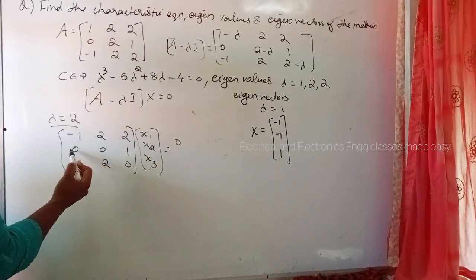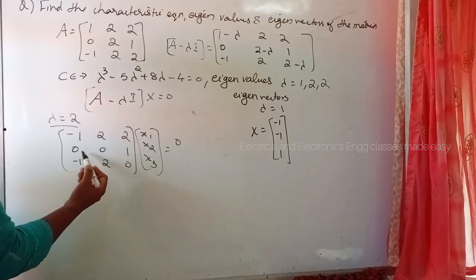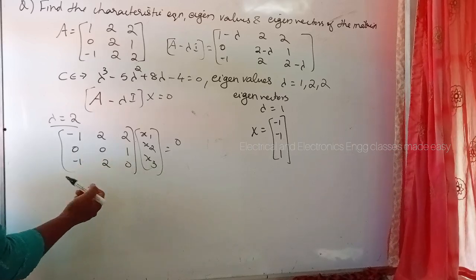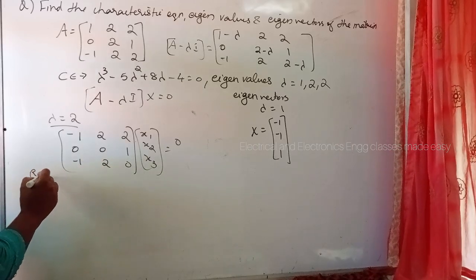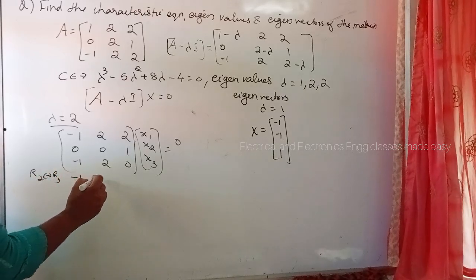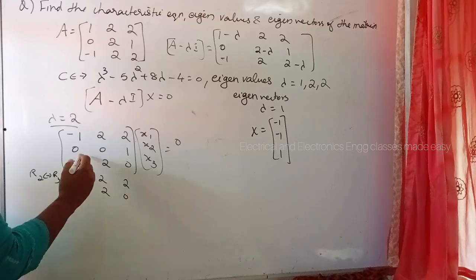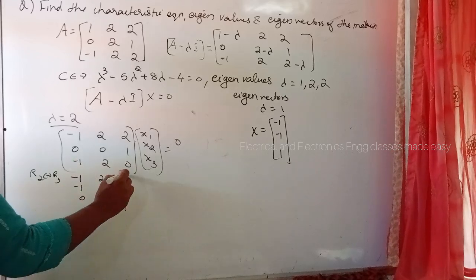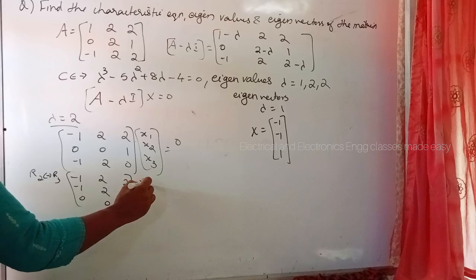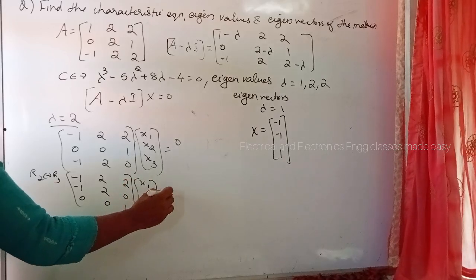And here there are two elements 0 in this row. So we can interchange these two rows, that is R2 interchanged with R3. Then minus 1, 2, 2, minus 1, 2, 0, 0, 0, 1 into x1, x2, x3 equal to 0.